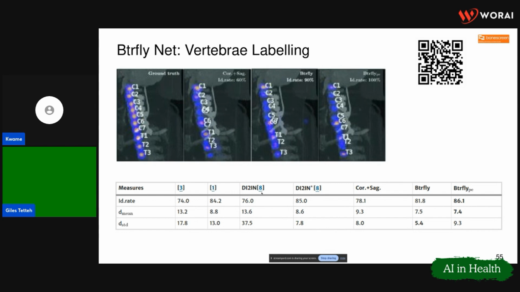I don't have all of them off the top of my head, but if you scan this, you could easily get the description of all these metrics. But I think, for example, this is the rate at which the percentage of the IDs which are detected. This is the mean distance, and this is the standard deviation of the distance.